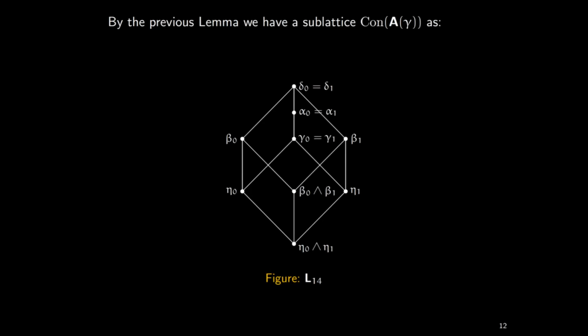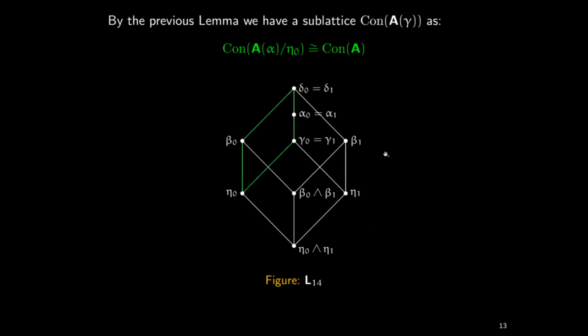This is one of the lattices. They are 16, and so that's why L14. And now you actually obtain this lattice as the lattice of congruences of A of gamma.